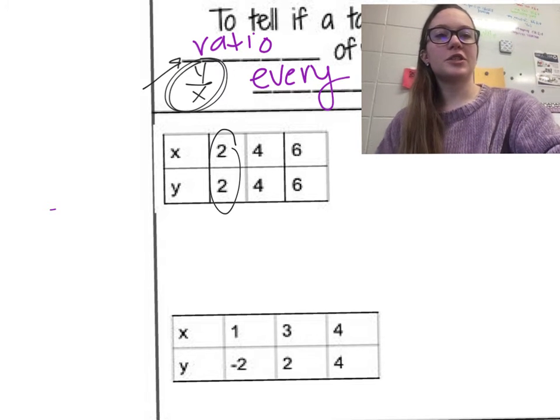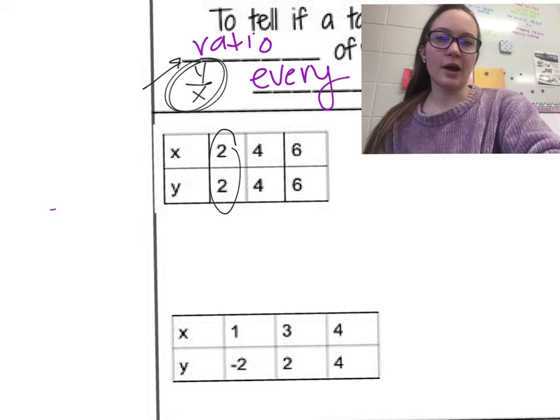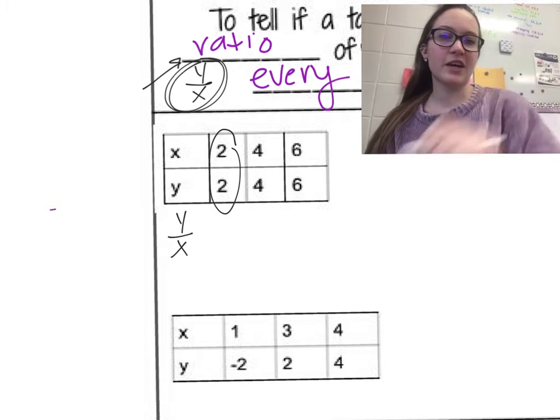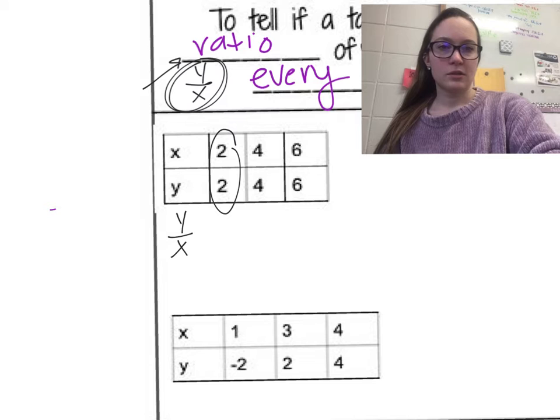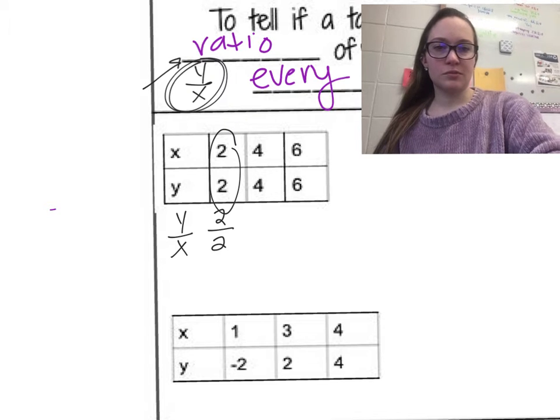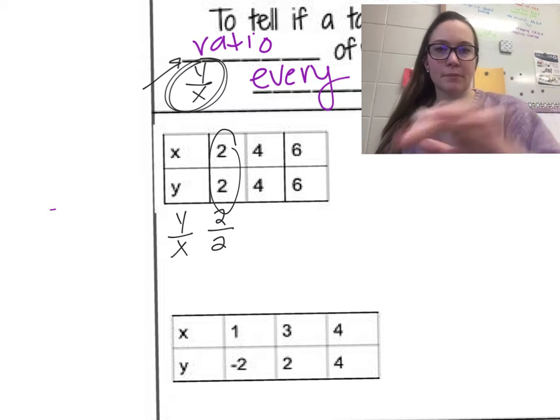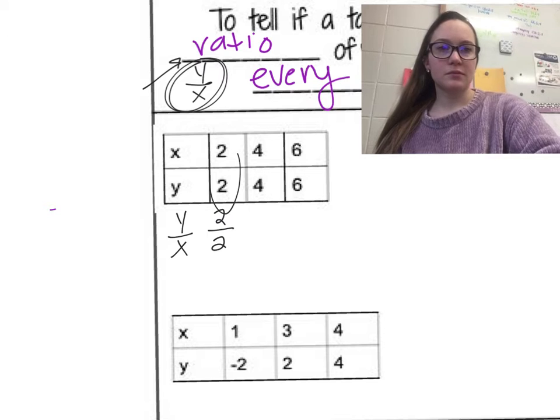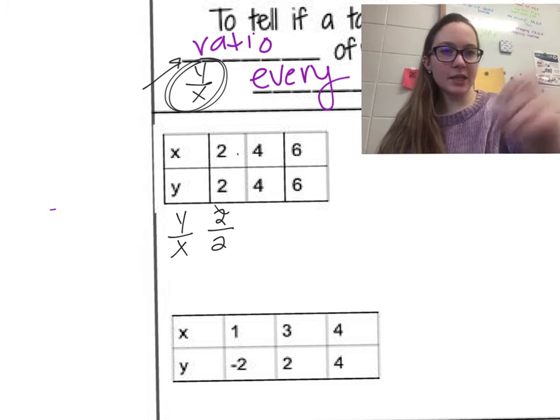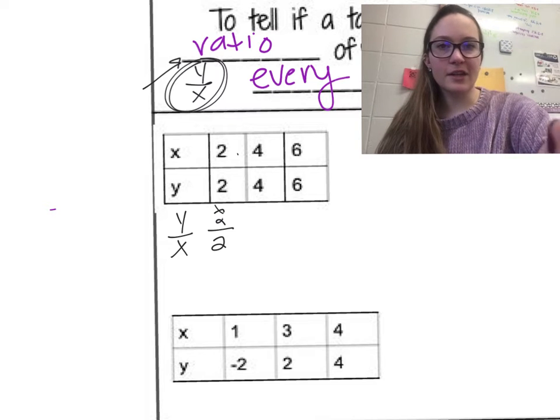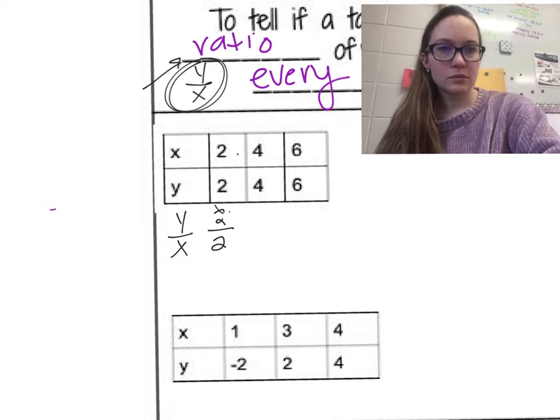So for this point 2, 2, I'm going to take my y value over my x value and reduce it. So 2 over 2. Okay? So when I reduce that, I can divide them both by 2. You get 1 over 1.